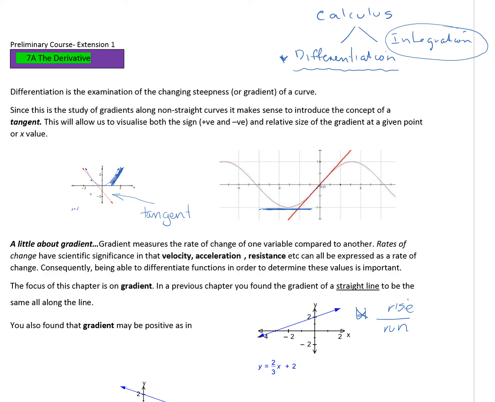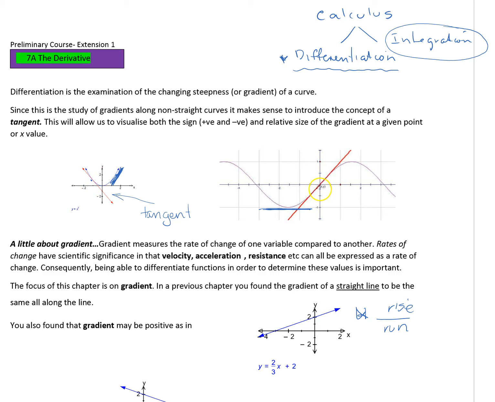So it could touch a circle at one point only. Here it's touching a parabola at this point only. Over here, I think it's meant to be going through the origin. So it's touching the sine curve. Did I call that cos previously? It's touching the sine curve at this point, the origin only.